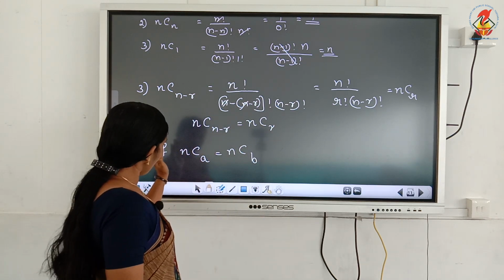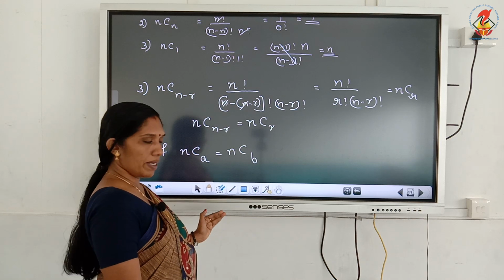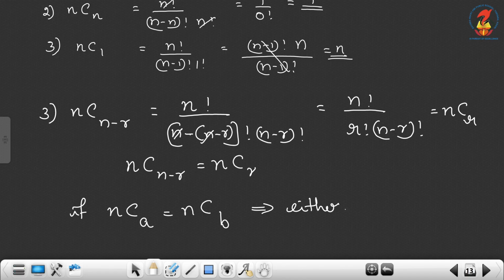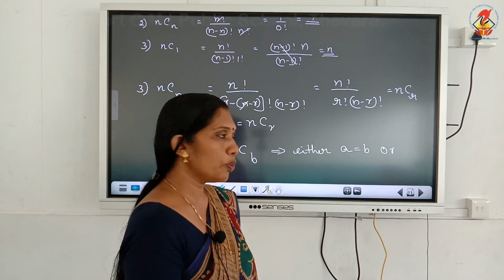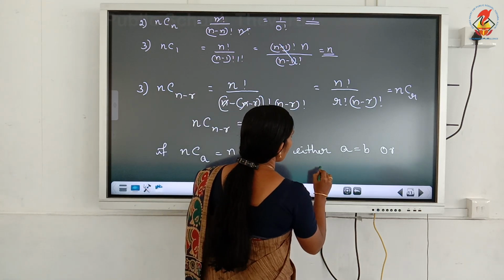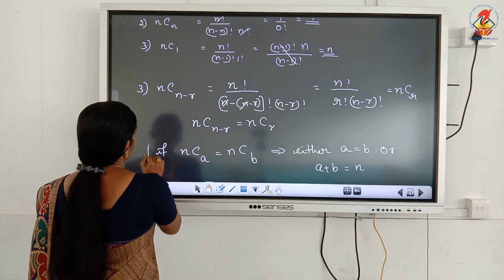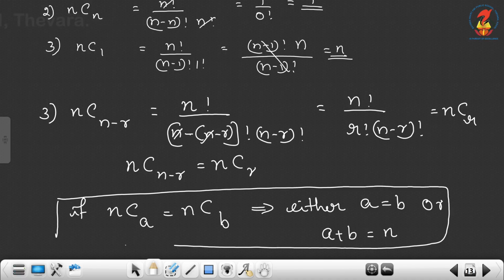So if nCa is equal to nCb, which implies either a is equal to b, or what is the sum of n minus r plus r? That's equal to this n. So if nCa is equal to nCb, then either a equal to b, or we can say that a plus b is equal to n. Okay, so this is also important.